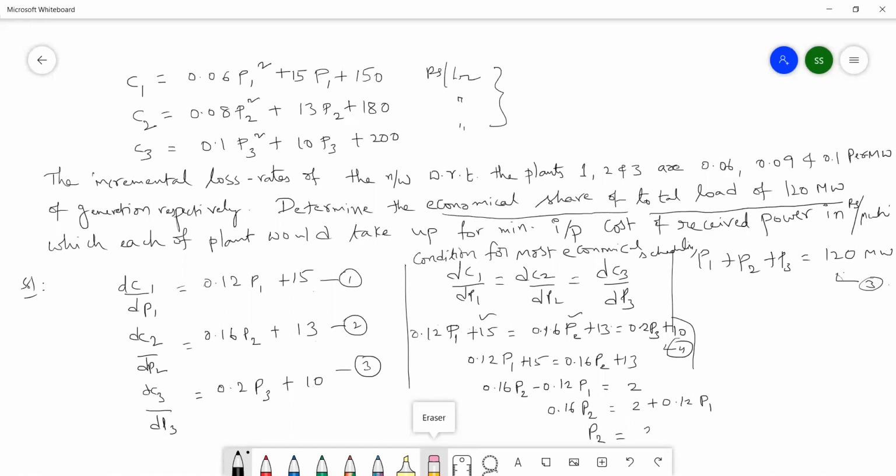Therefore, P2 equals (2 plus 0.12 P1) by 0.16. This is your value of P2 in terms of P1.